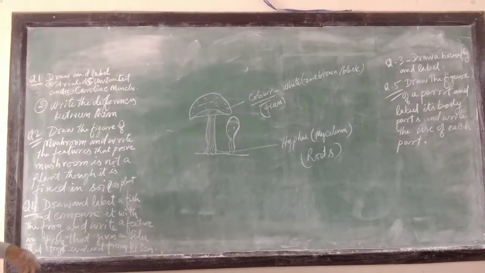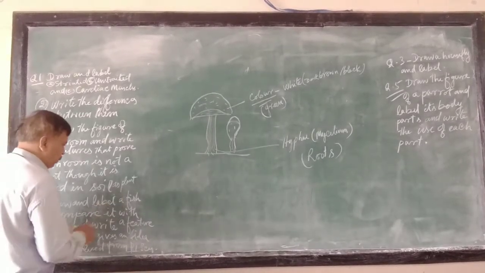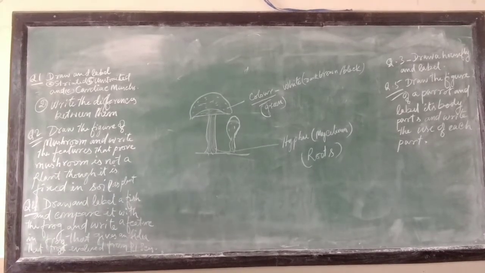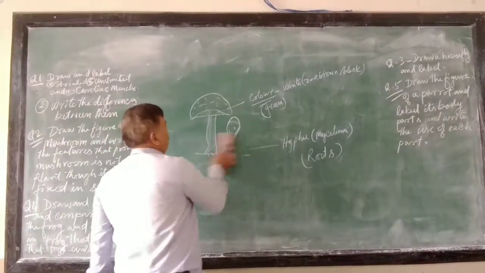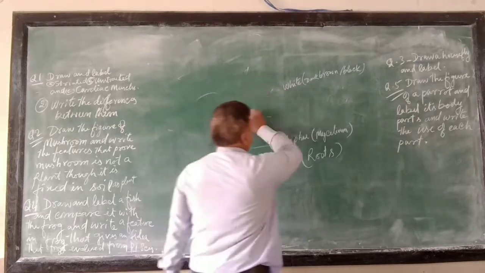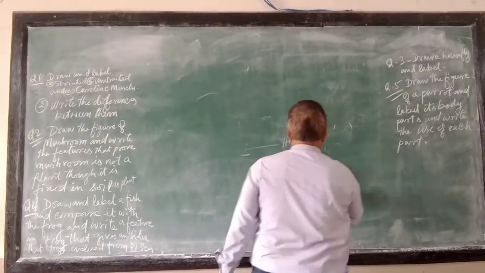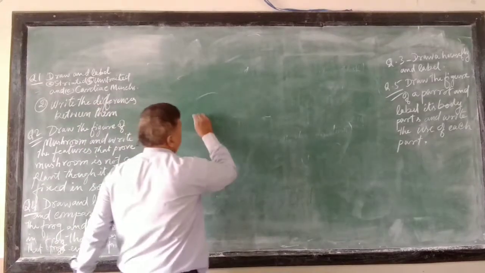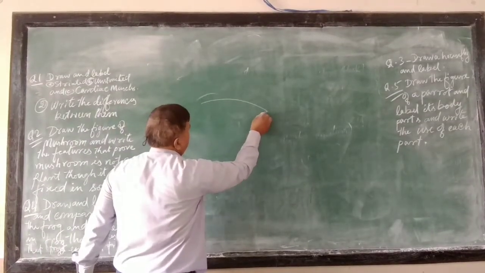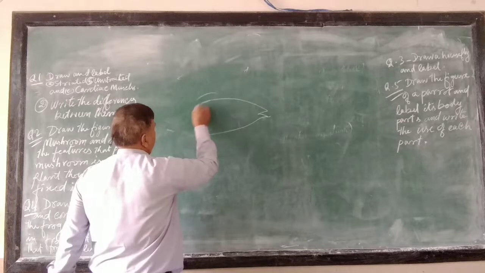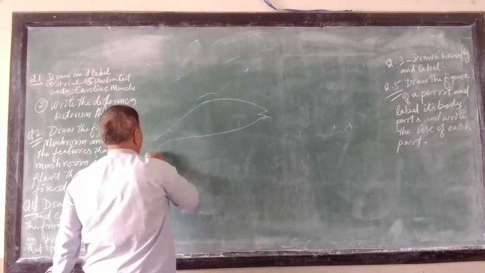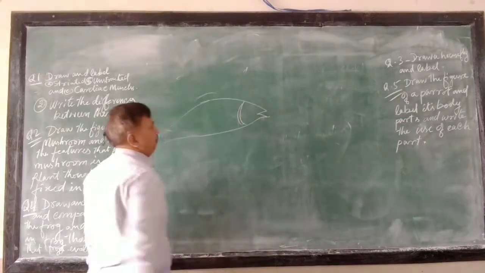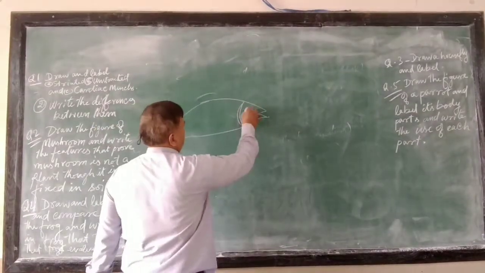The third one is draw and label a fish and compare it with the frog. So here the figure of a fish is already given in your book. You need to draw that figure. Clear? You draw the figure.